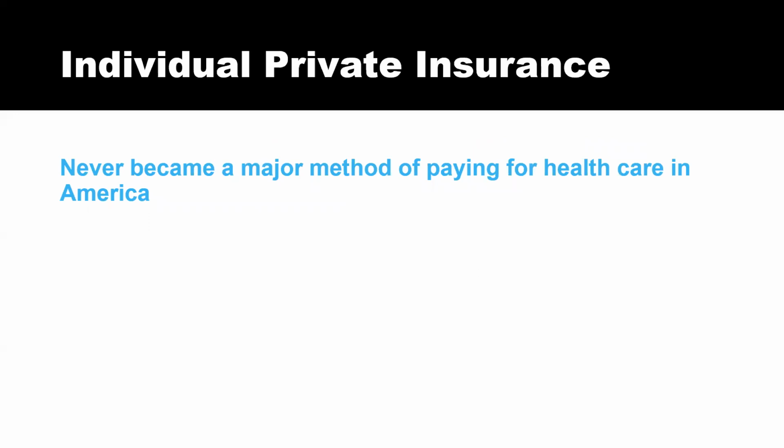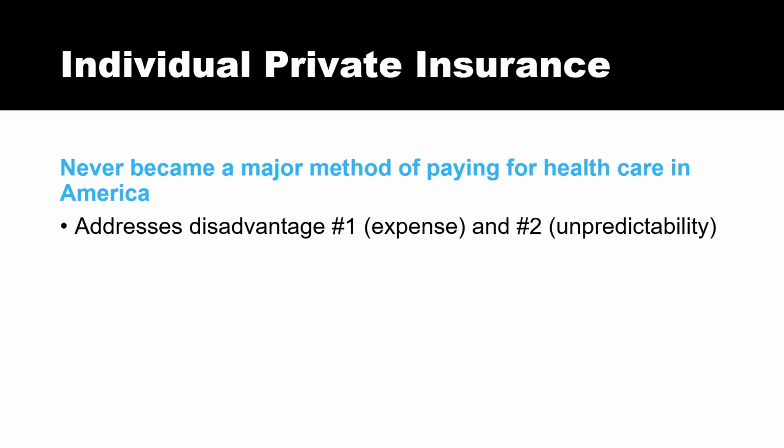Specifically, individual private insurance never became a major method of paying for healthcare in America. However, it did address two of the disadvantages talked about in the slide before: expense and unpredictability. That's just what insurance tends to take care of. It helps make things more affordable and helps us prepare for unpredictable events.